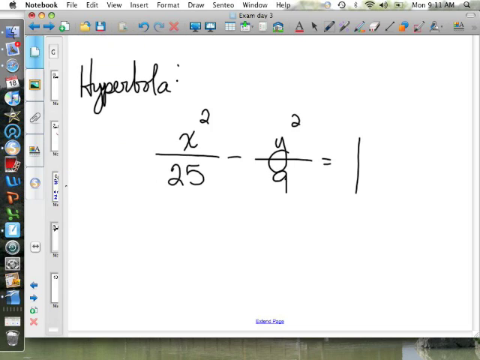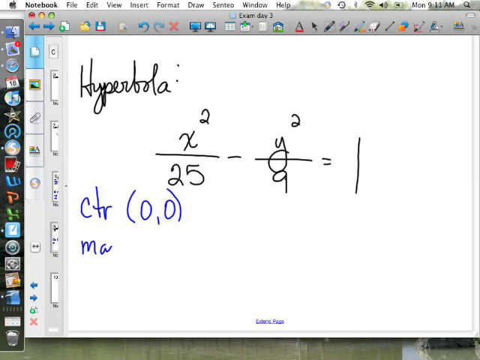And then finally, a hyperbola. If you remember, the equation looked exactly like an ellipse, except for it's a minus sign. And the rules, like the ellipse, about how to find the center and how to find which axis is the major and which one's the minor, are exactly the same. The center of this hyperbola is where? 0, 0.